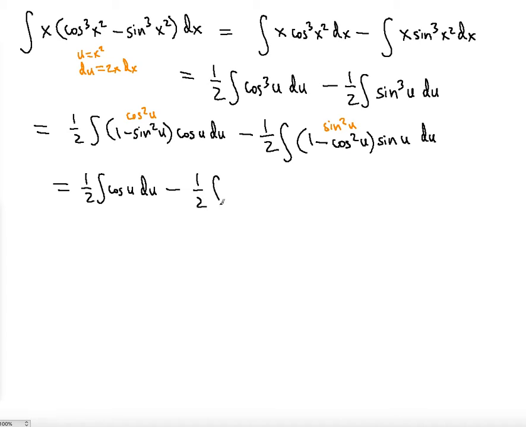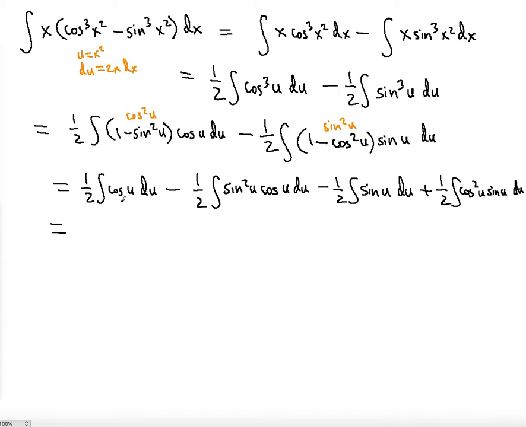Minus 1/2 sine squared u cosine u du, distributing the cosine, minus 1/2 sine u du, and then finally two minuses for the last term gives you a plus 1/2 cosine squared u sine u du. So the first one is straightforward. It's going to give you 1/2 sine of u for the first antiderivative.